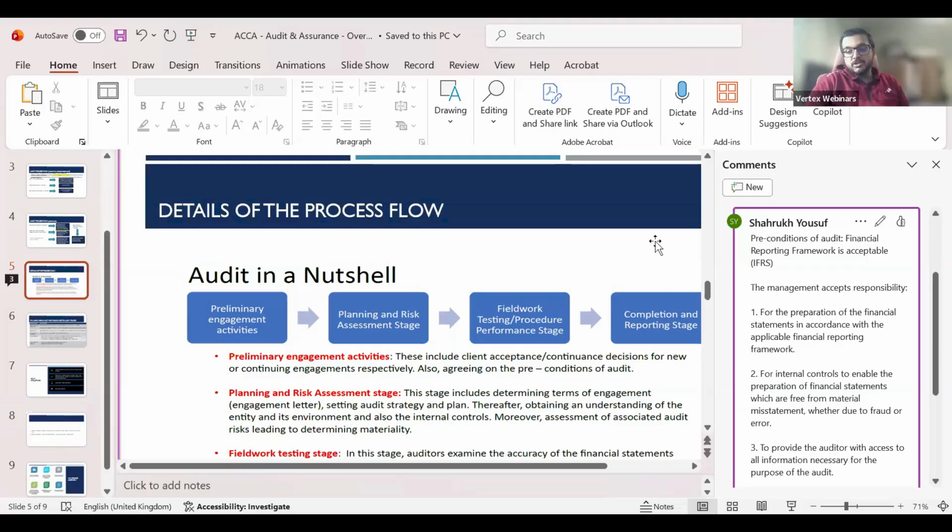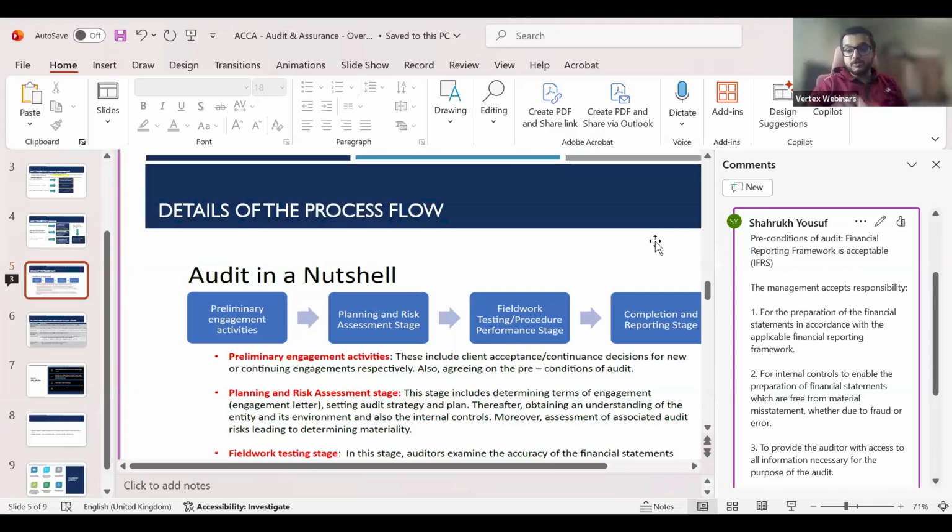What you need to do is understand what the sentence is saying. You need to understand the logic, the rationale, the background behind it. So the management accepts the responsibility for preparing the financial statements in line with the applicable financial reporting framework.